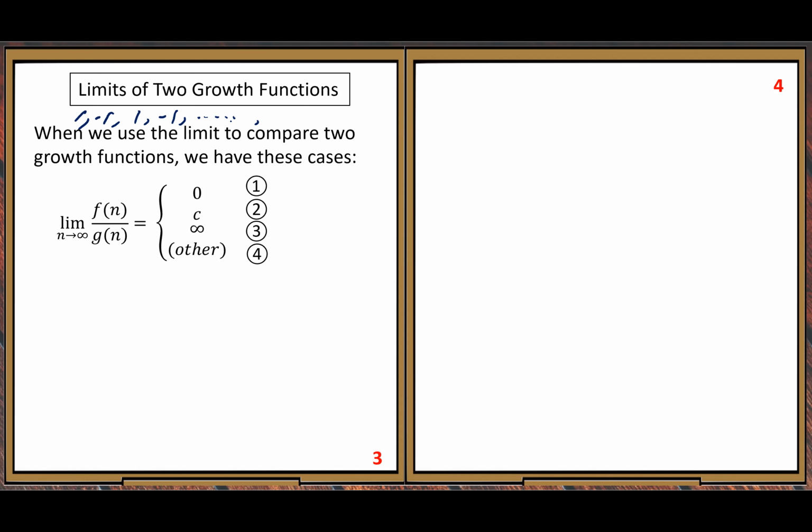There is no limit for this one. No convergence: up and down, never converging to one fixed number. Not 0, and not infinity. Not the first case, not the second, not the third. It's the other case: the limit does not exist.